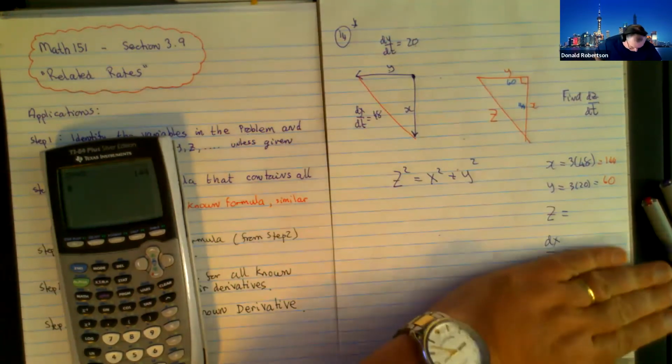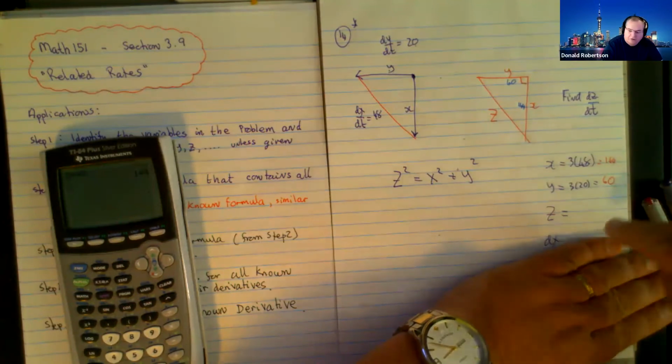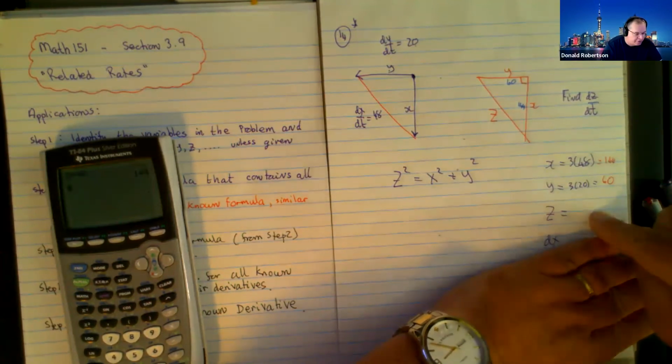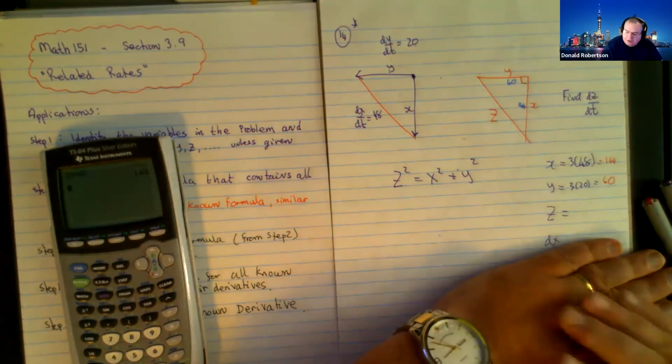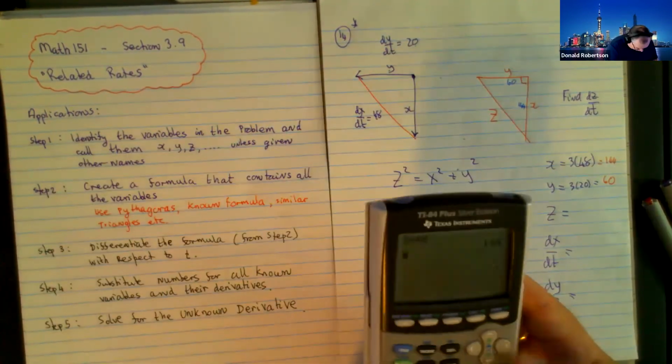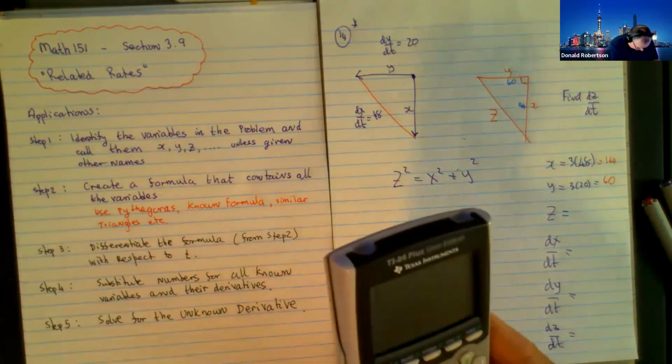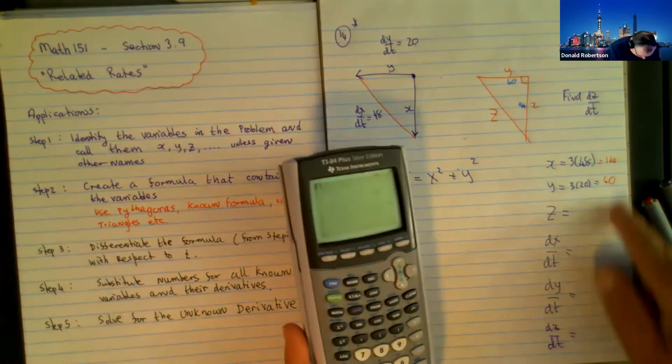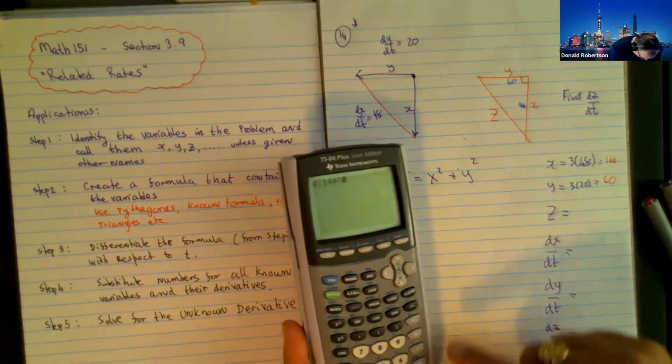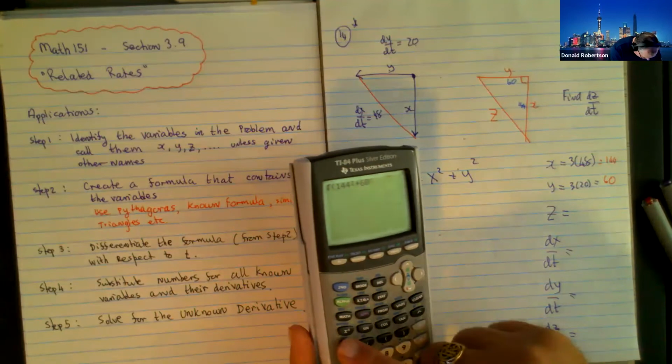So wouldn't I just use Pythagoras to find out the missing number for Z? Right, that's just a little snapshot. X is this, Y is this. These are numbers, so Z. Right, this is an instant in time. So I'm just going to do that in my calculator. It's going to be the square root of 144 squared plus 60 squared.